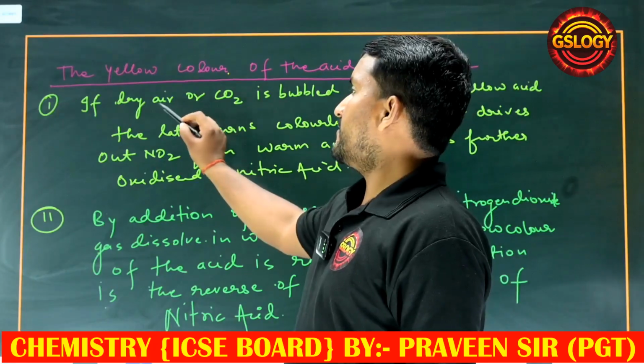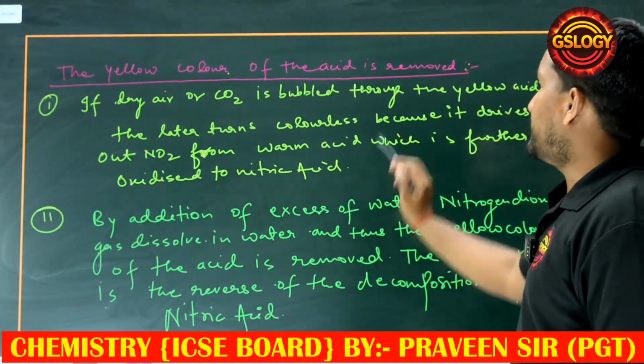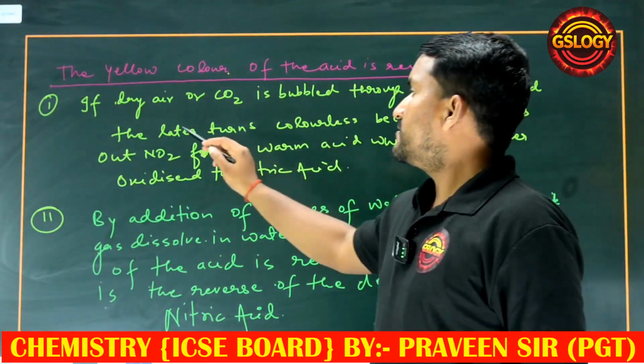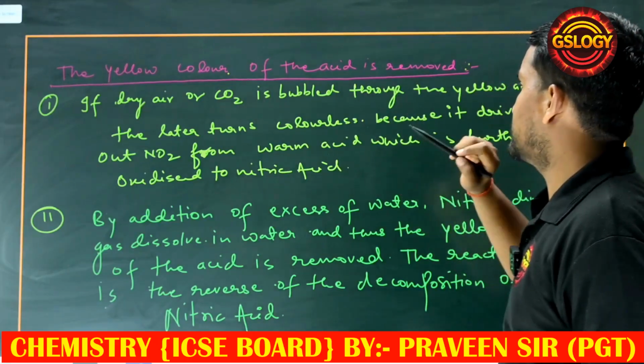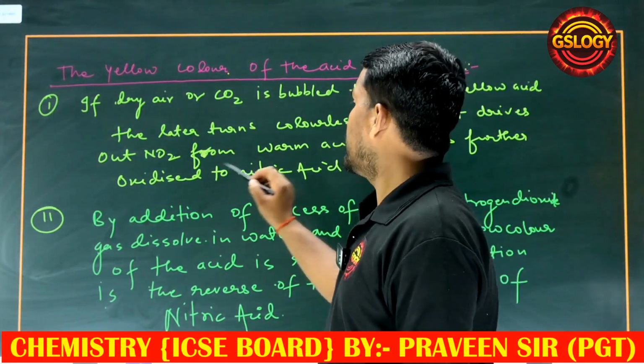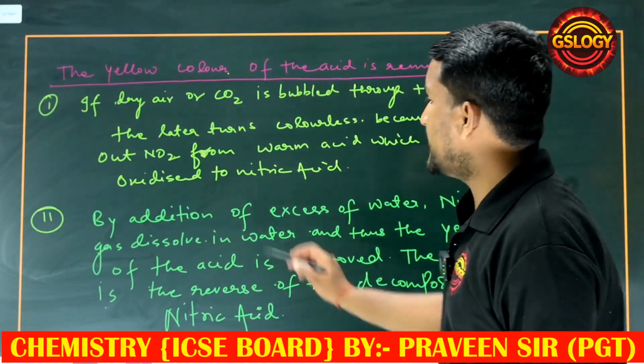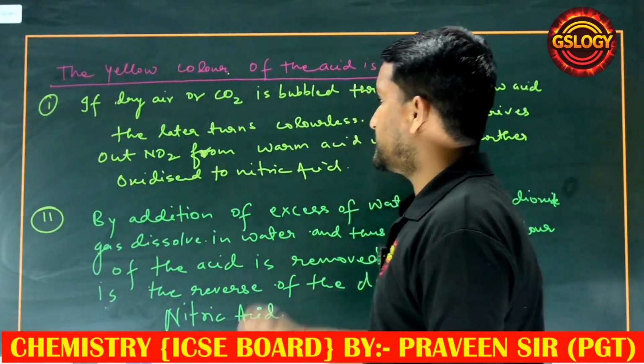If dry air or CO2 is bubbled through the yellow acid, the latter turns colorless because it drives out the NO2 from the warm acid, which is then further oxidized to nitric acid.